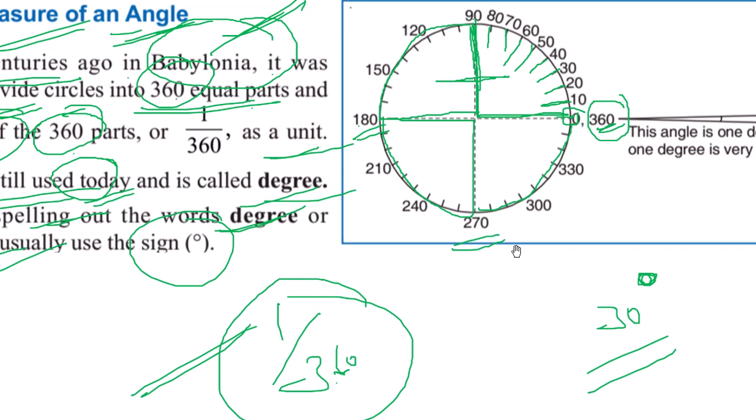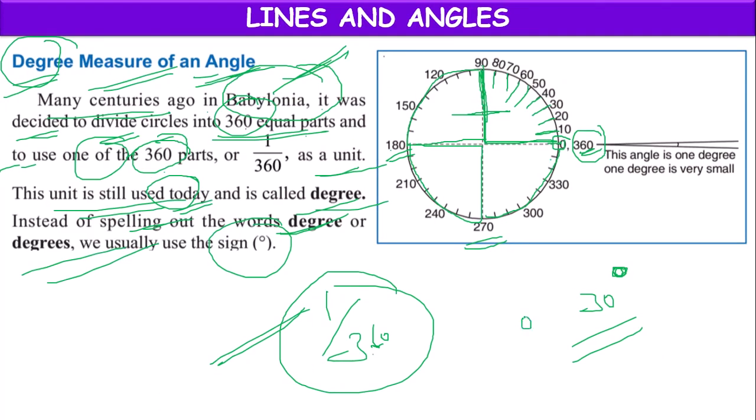But here the place between 0 and 10 is also divided into 10 equal parts: 1, 2, 3, 4, 5, 6, 7, 8, 9, 10. In this diagram they have not mentioned it, but we will be having parts like this.